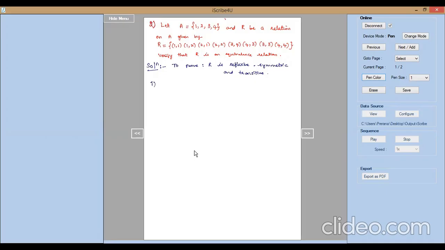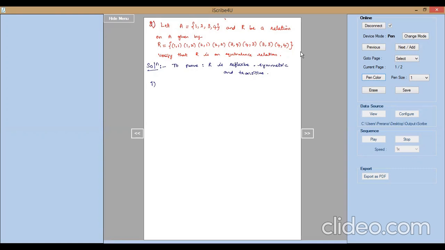First one, in order to say R is reflexive, recall the definition. For every element of the set A, that is 1, 2, 3, 4, we should have in R the ordered pairs (1, 1), (2, 2), (3, 3), (4, 4). Let us check that. (1, 1) belongs to R, (2, 2) belongs to R, (3, 3) belongs to R, and (4, 4) also belongs to R. Since for every element a belonging to the set A, (a, a) belongs to R, we can conclude that R is reflexive.